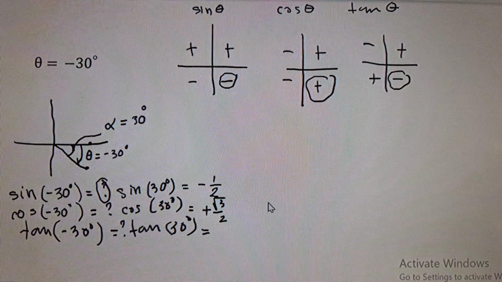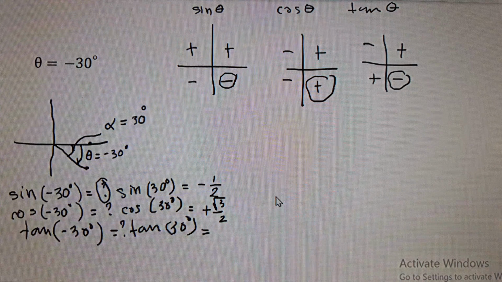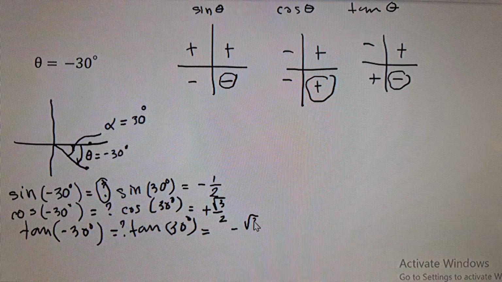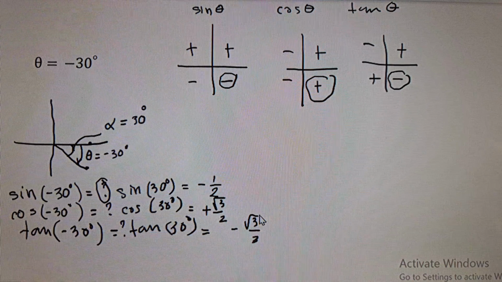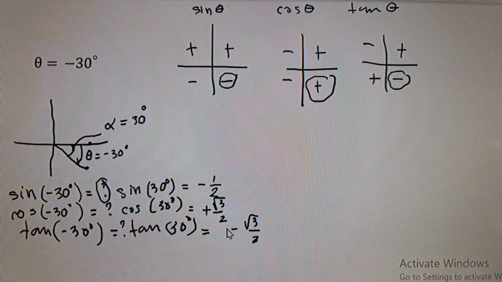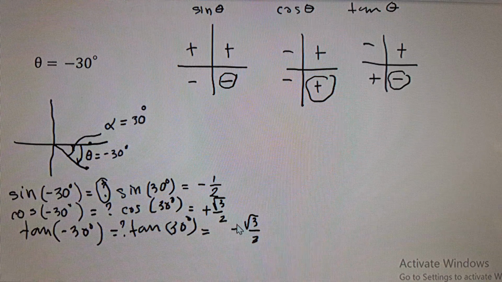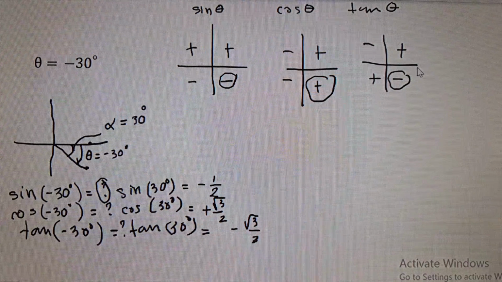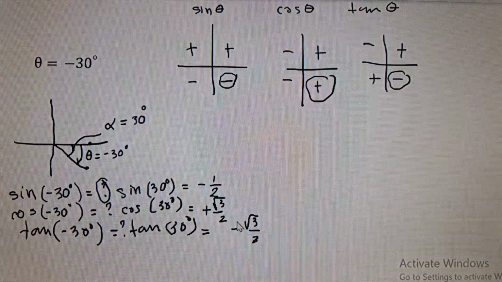What is the tangent of 30? Well, the tangent of 30 is equal to, actually square root of 3 over 3, but the tangent is negative in the fourth quadrant.